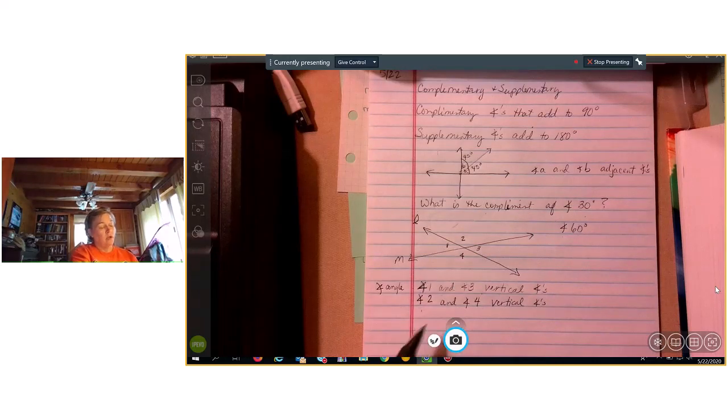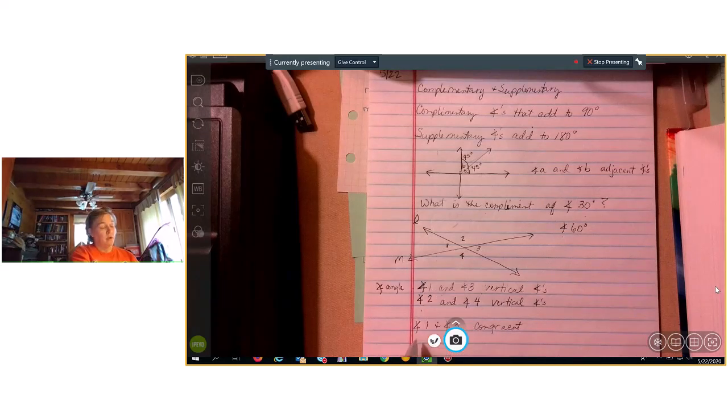Now, because 1 and 3 and 2 and 4 are vertical angles, that means they have the same measurement. So they are congruent. They are the same size. So if I were to measure angle 1 and get that it was 15 degrees, I would measure angle 3 and see that it was 15 degrees.